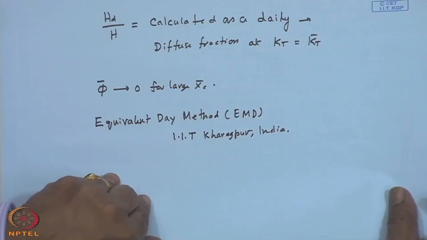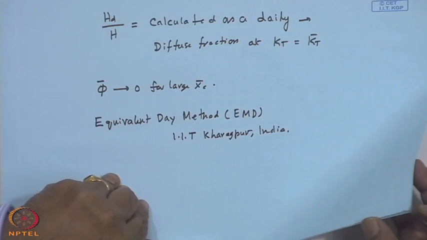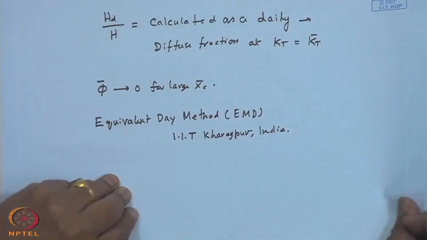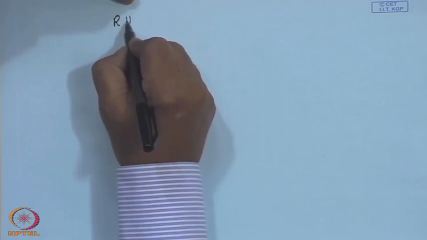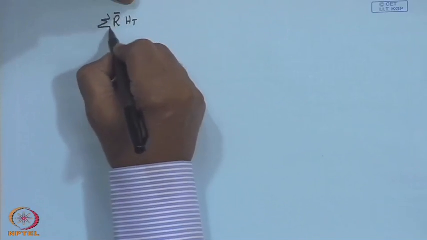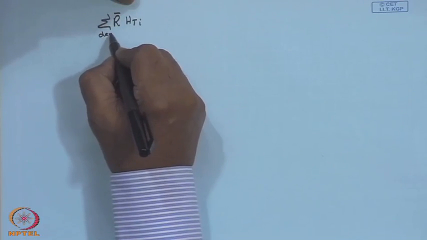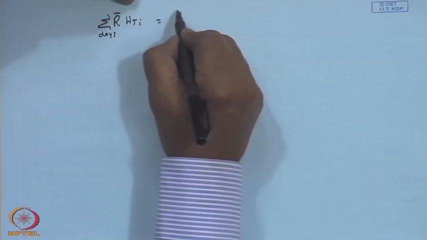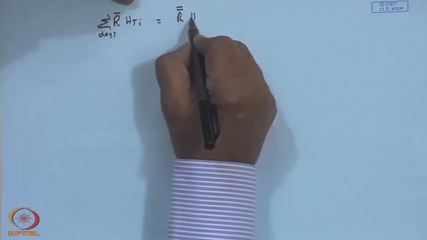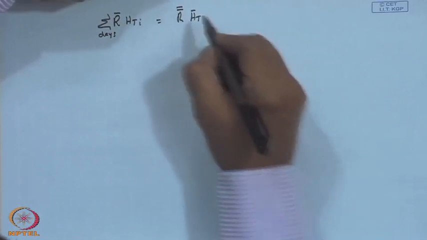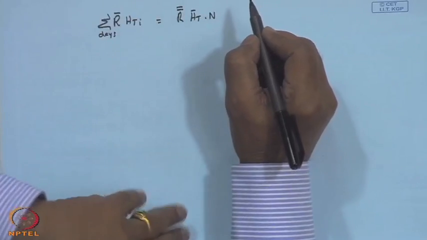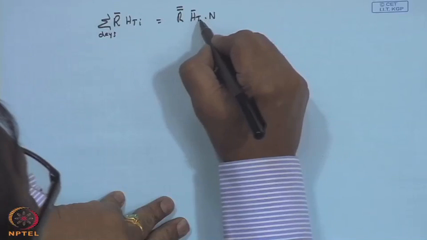Now, if we ask ourselves a question, why can't we follow the methodology of estimating the solar radiation, for example, R times H t summed over all the days equal to R bar times H t bar, the one average day solar radiation multiplied by R bar to find the tilted radiation.